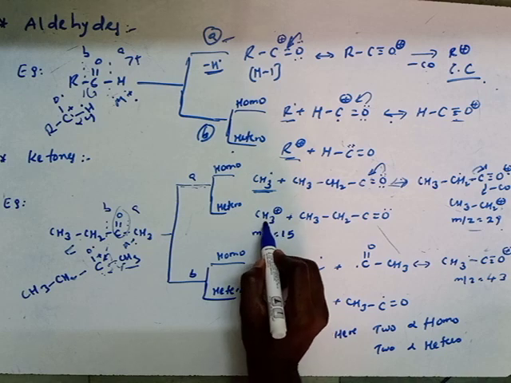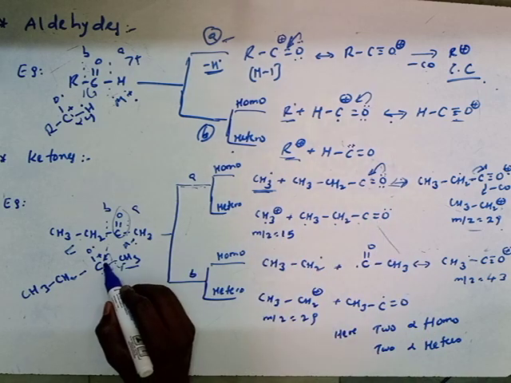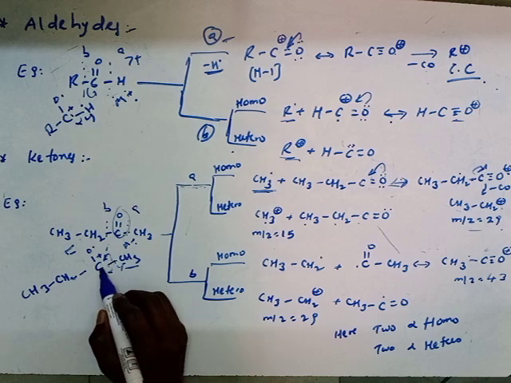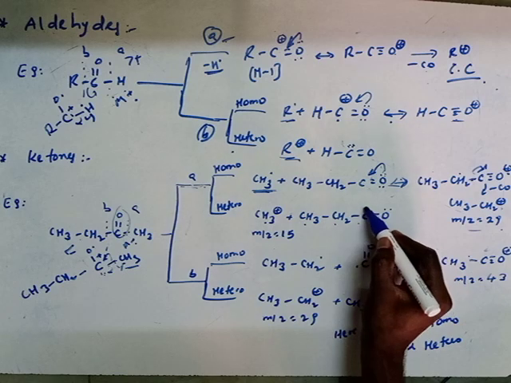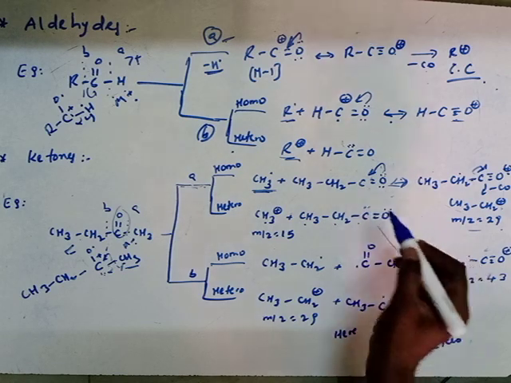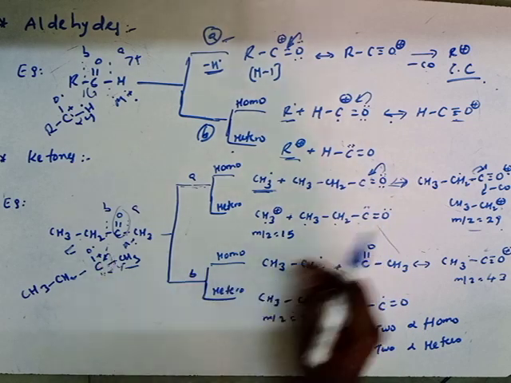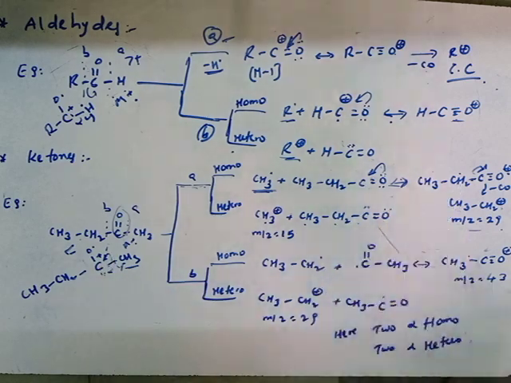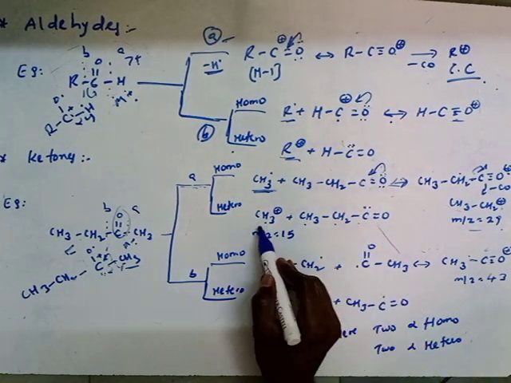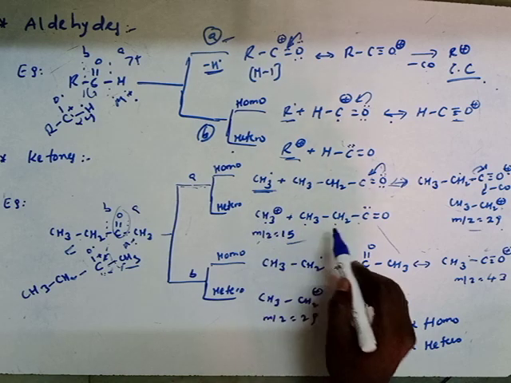That's why it is a positive charge. And here CH3CH2 C double bond O. Both electrons are there now, and these two bond electrons will be shifted to this carbon atom, so these two electrons will be here, and it's a methyl cation. Its m/z value is 15.